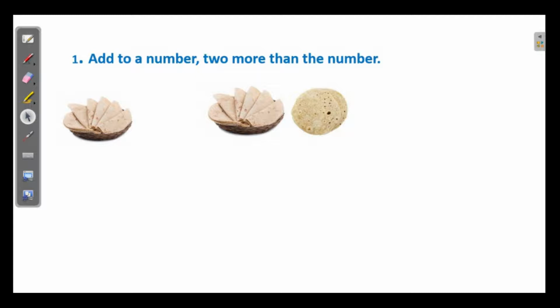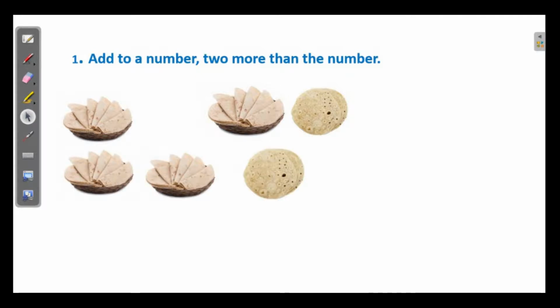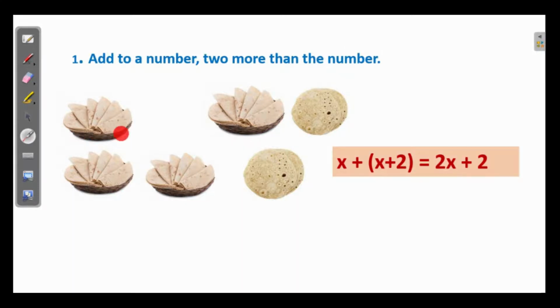So what would we say? How many chapatis we had taken? 2 sets of chapatis plus 2. That we will write in algebra as x plus x, the first plate, x number of chapatis we haven't counted before eating, then x plus 2, which is the same as 2x plus 2.